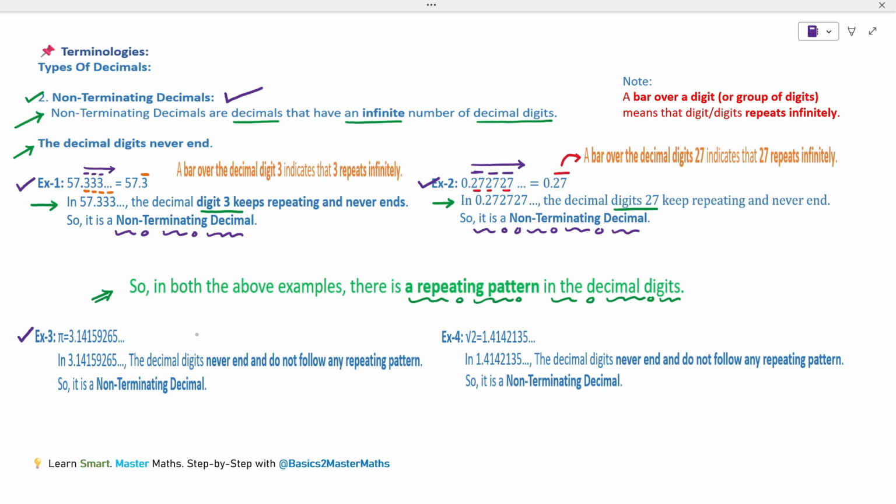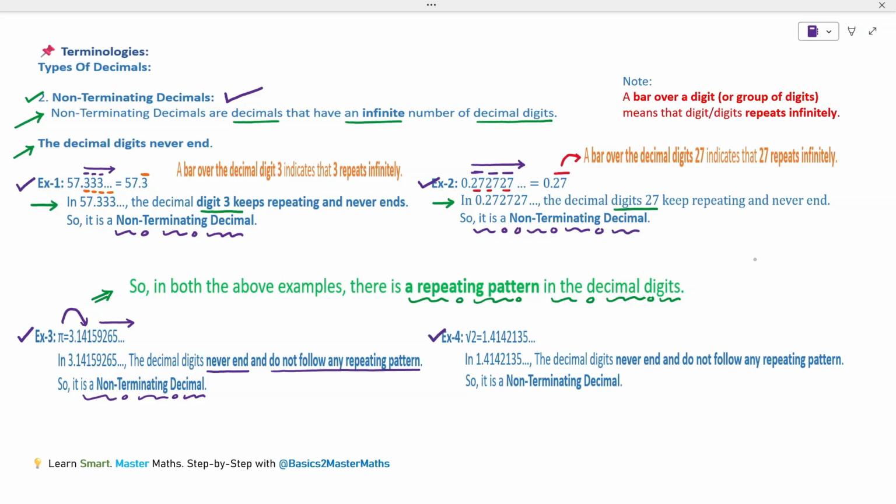Third example, the value of pi is 3.14159265 and continues. Here, the decimal digits never end and do not follow any repeating pattern. So, it is a non-terminating decimal. Got it?